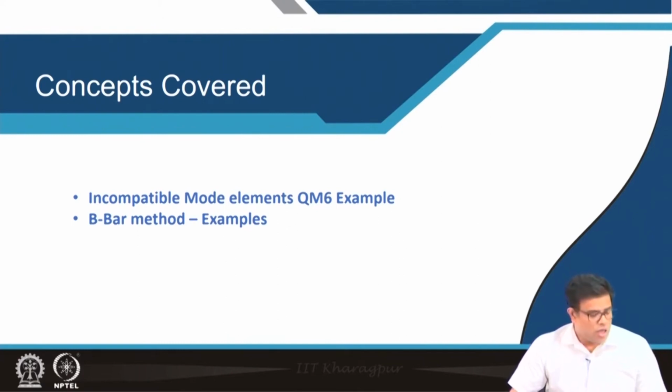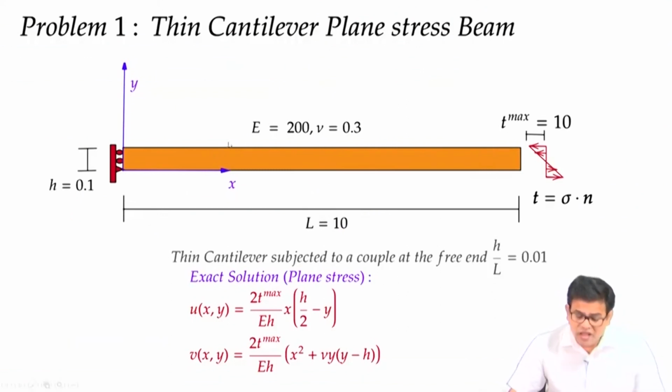Now, to check how these incompatible modes behave, I have shown some analytical examples where we have seen that if you include these incompatible modes in a Q4 element, a 4-noded quadrilateral element, then you can exactly represent the bending mode.